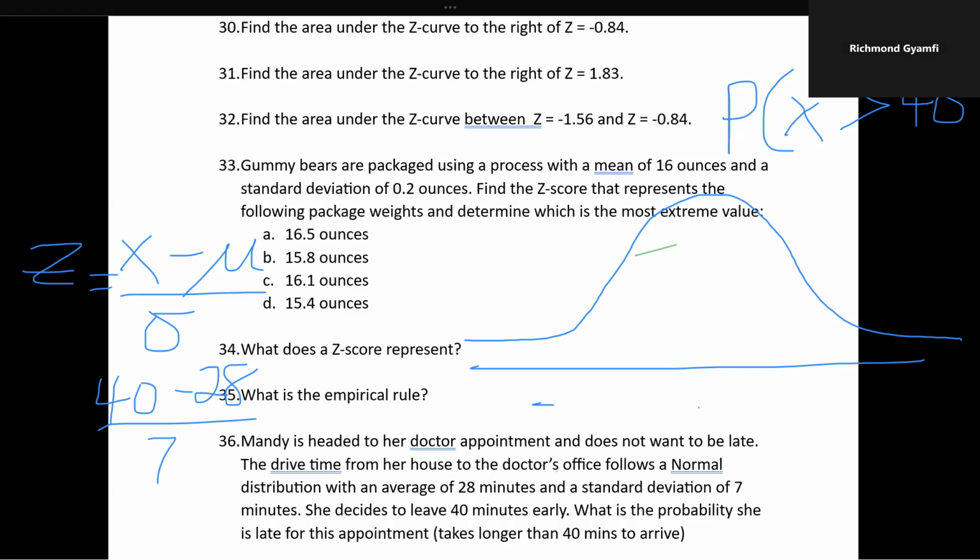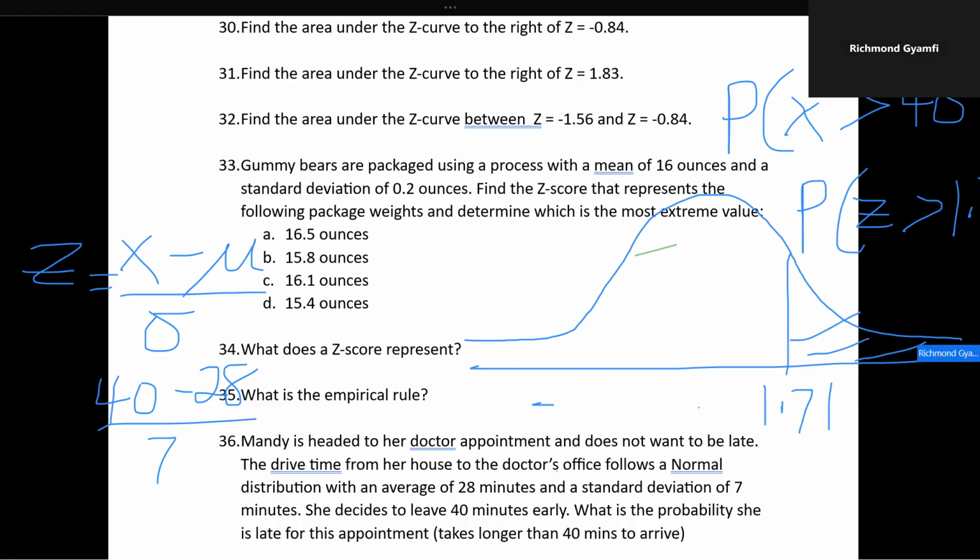So now our probability is going to change this way. The probability is going to be P of z greater than 1.71. I have 1.71 here.